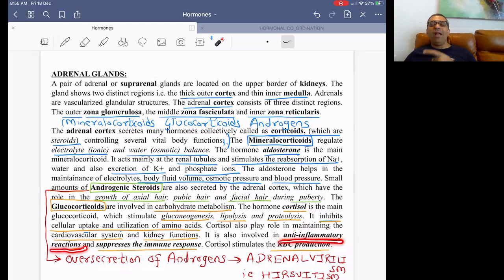How? If you've heard of it, you will advise people to take inhalers, और inhaler का puff अंदर जाएगा during their bronchitis, during their asthma, and that inhaler has in it cortisol.